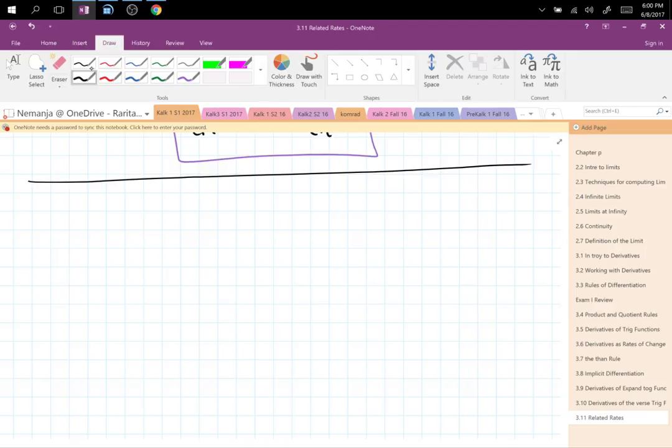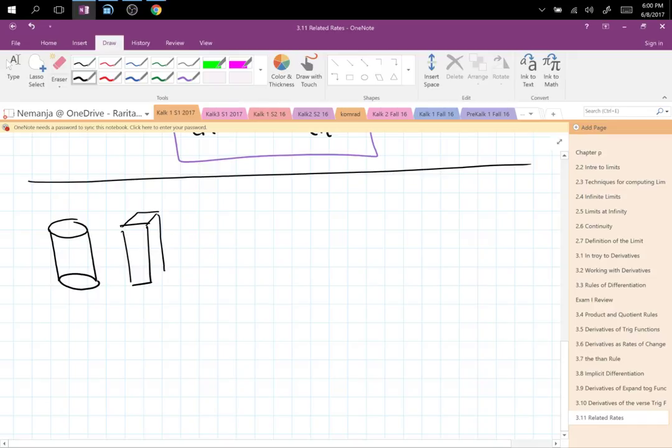So here is the ultimate, divine summary of all volumes out there. We have shapes that are like this. We call them prism-like objects that look like this.